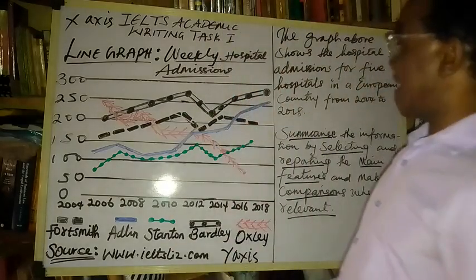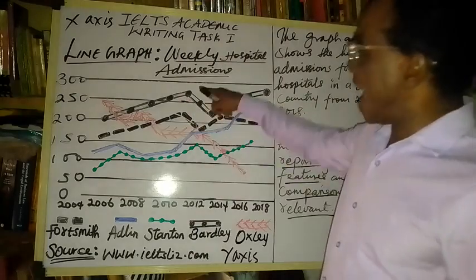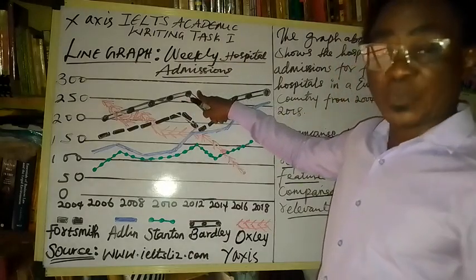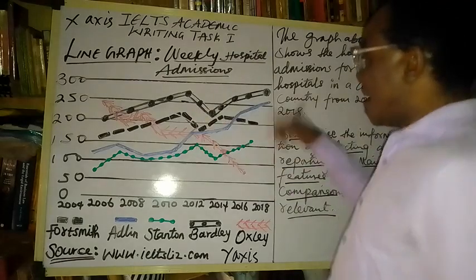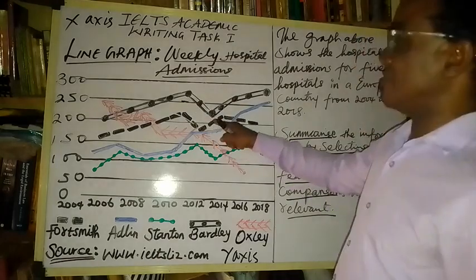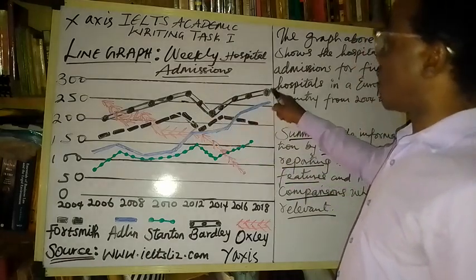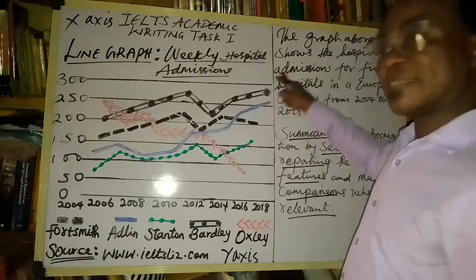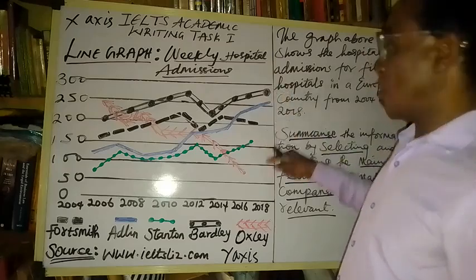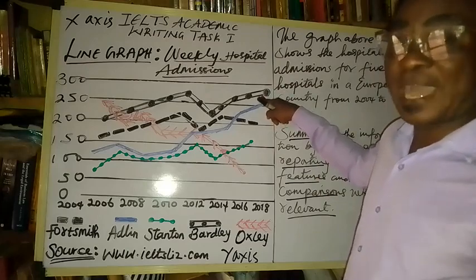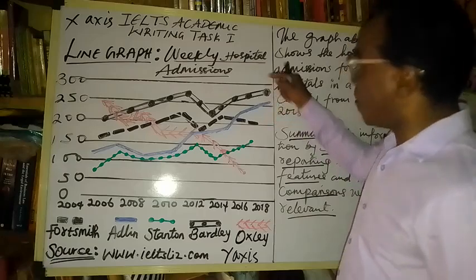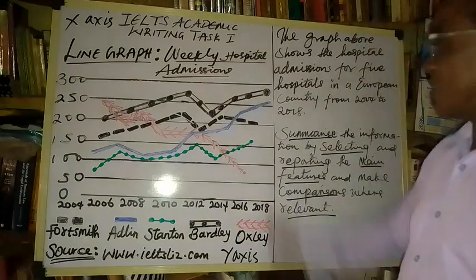It recorded the highest admission at around 275. And even though it experienced a fall, it also rose again. And by the time this survey period was coming to an end, the number of admissions was just below 300. That is the peak.